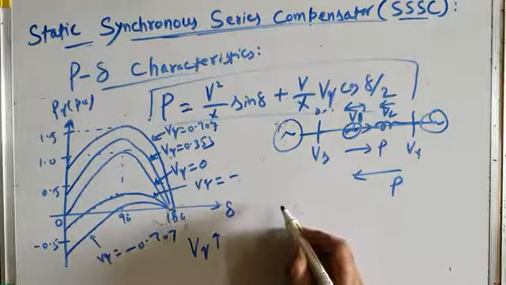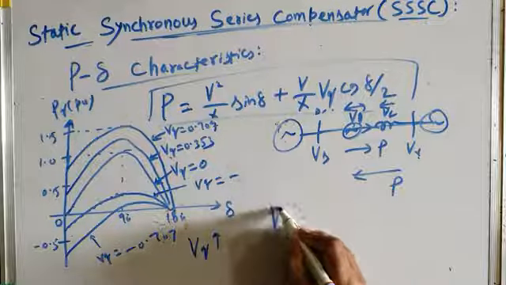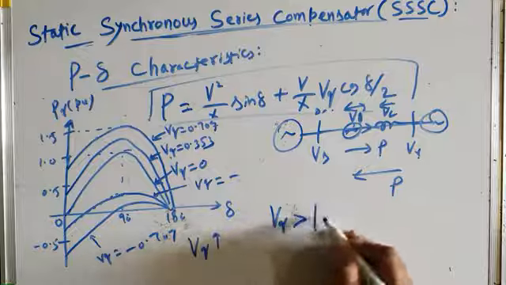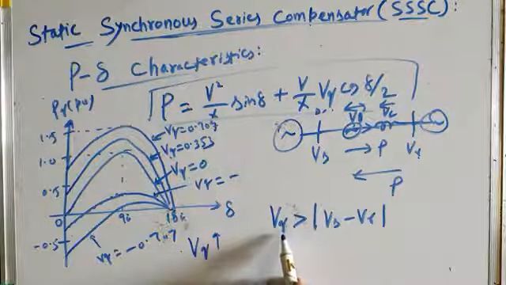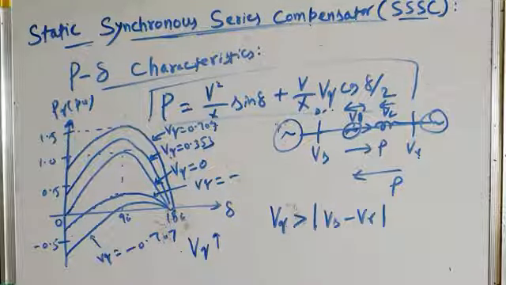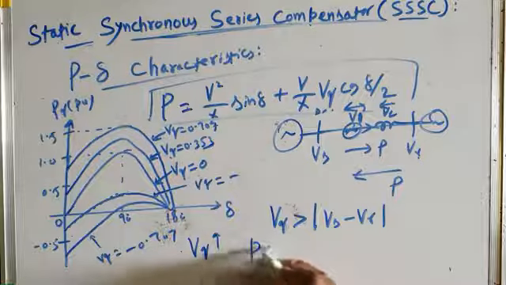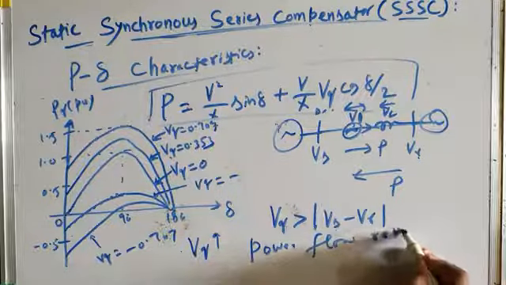How? If this condition is fulfilled by making the magnitude of injected voltage greater than the difference between sending voltage and receiving voltage, if VQ, that's the injected voltage, is made greater than mod of Vs minus VR, then power flow reverses.